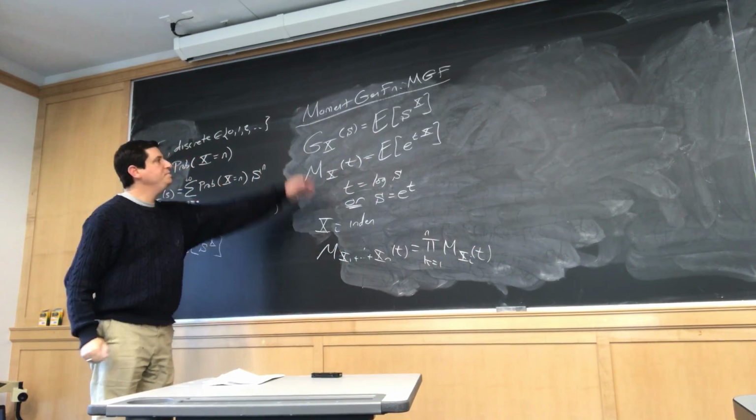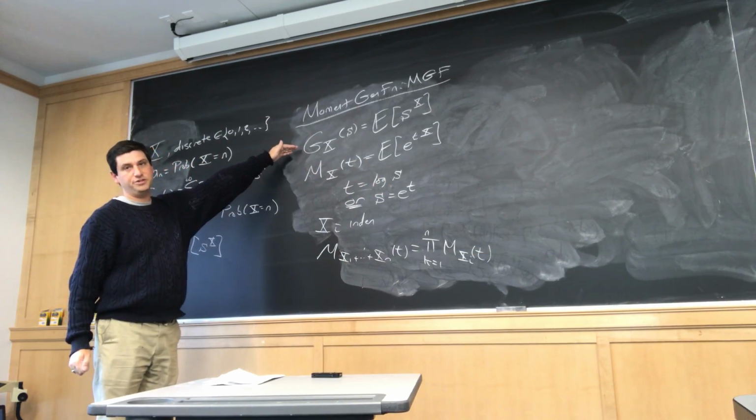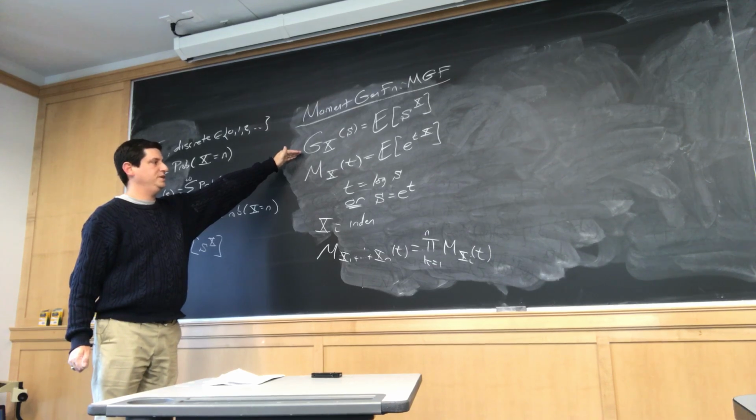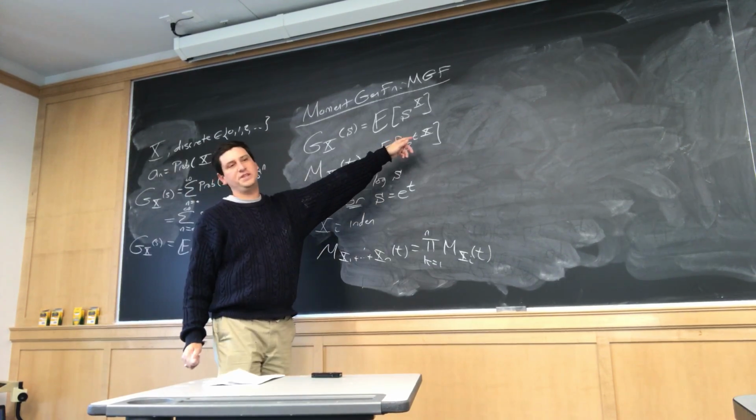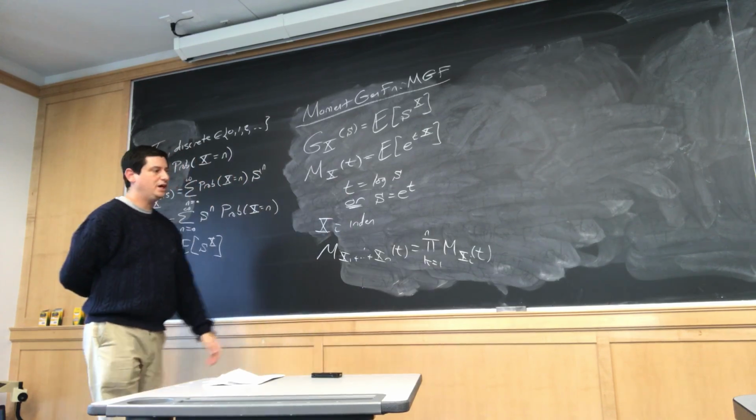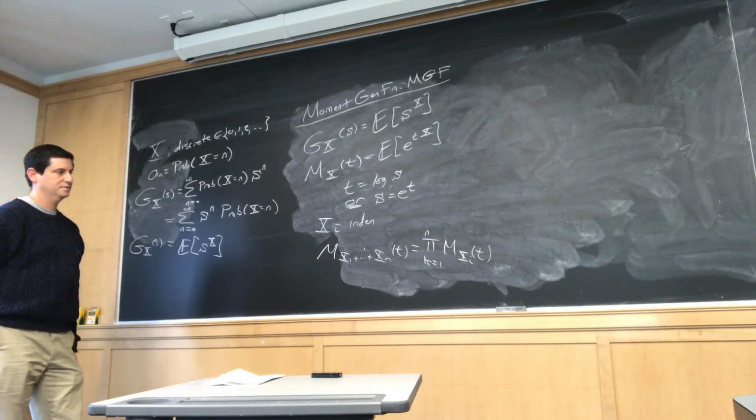And you should be able to get this immediately by just converting to generating functions, by just taking s to be e to the t. Or you could go back into the definition here and just play the same game and do the same proof. But it comes immediately.